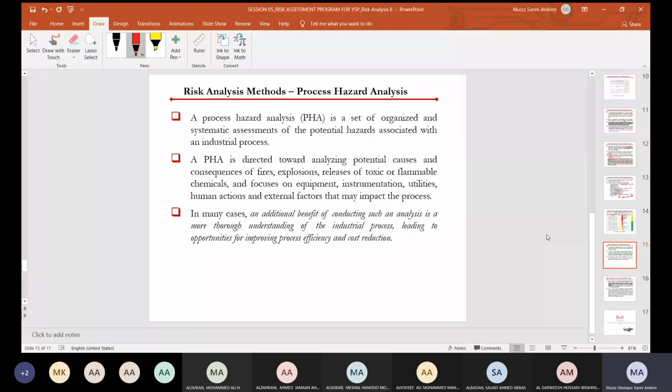Also, in many cases, an additional benefit of conducting such analysis is a more thorough understanding. Okay, this gives you a better understanding of the system, of the industrial process. The fact that you're carrying out a risk assessment of the system will make you understand the system better, and this leads to opportunities for improving the process efficiency and loss reduction.